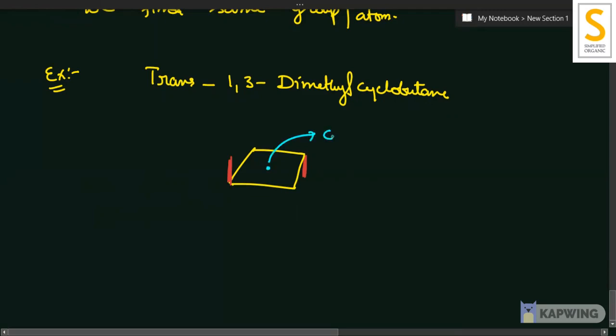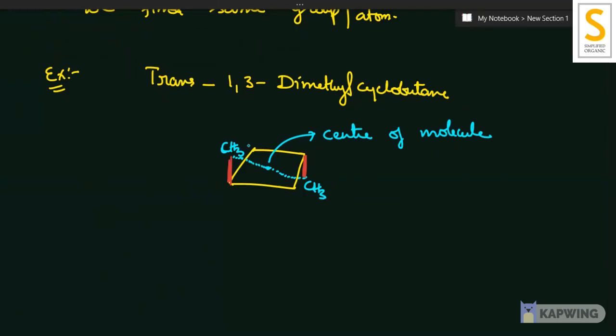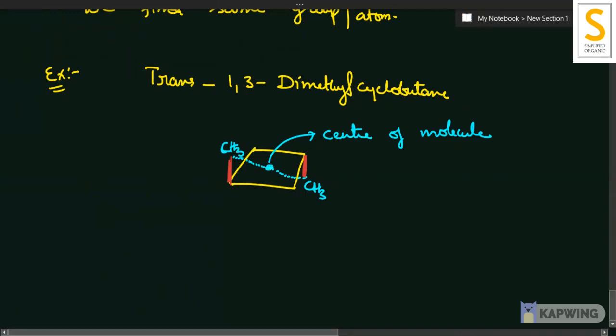Once again, I'm repeating, it should be the center of the molecule. When you travel in the opposite direction, at the same distance, you will get the same groups. See, I'm getting the methyl here and methyl here. From the center, both the methyls are at the same distance, but in the opposite direction. So this is called as center of symmetry.